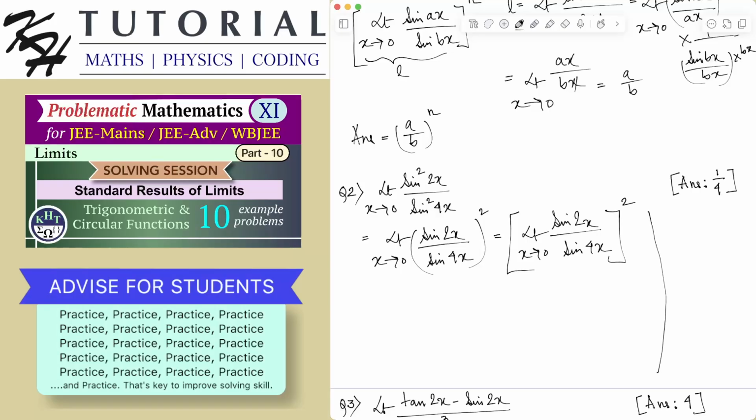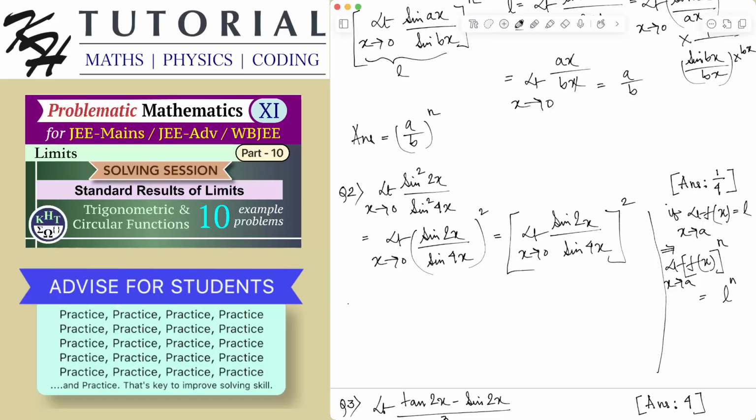This is the concept of algebra of limits. It says that if we have limit x tending to a f(x) is equal to L, where L is a finite real number, then this implies that limit x tending to a of f(x) to the power n, where n is a natural number, will be equal to L to the power n.